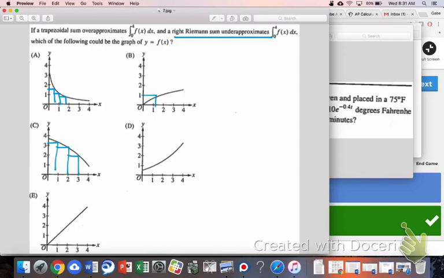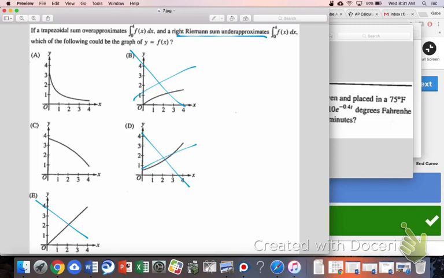Over here, on these increasing functions, a right sum is too high, isn't it? So if you can identify the right sum under approximating as a decreasing function, you can eliminate all of the increasing functions. But then for the trapezoid sum, maybe you've got A and C sitting right there.